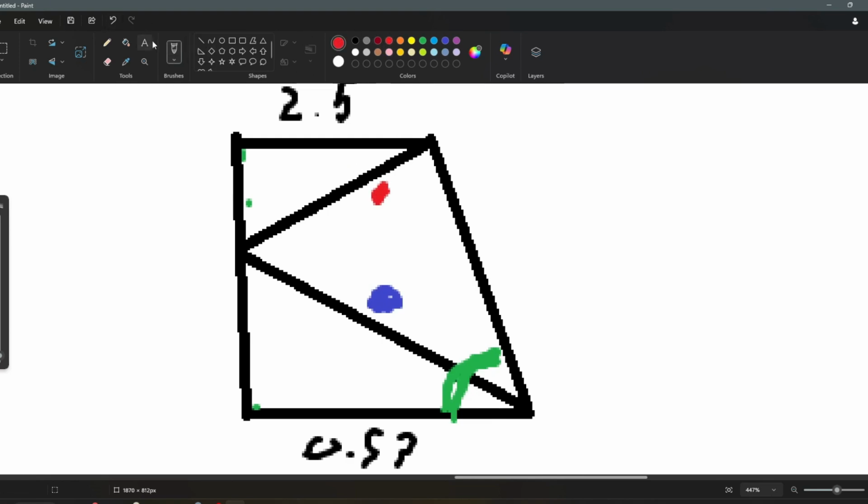And then this is 3. Now I should probably get this smaller, just to neaten this up. Line tool.